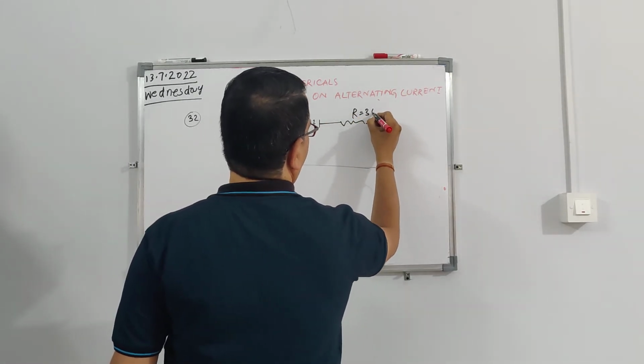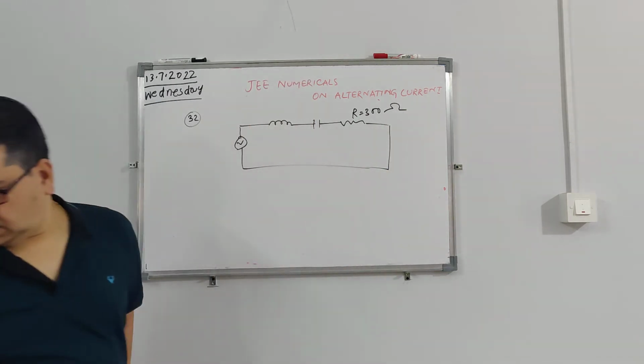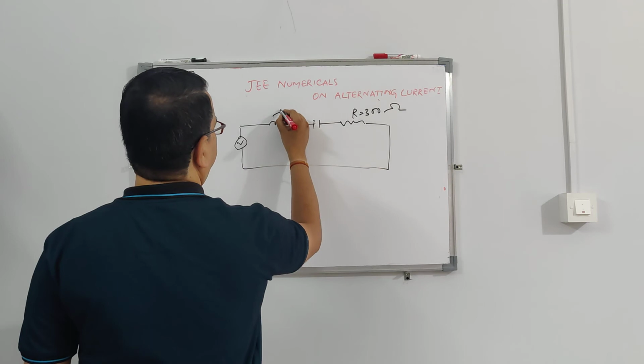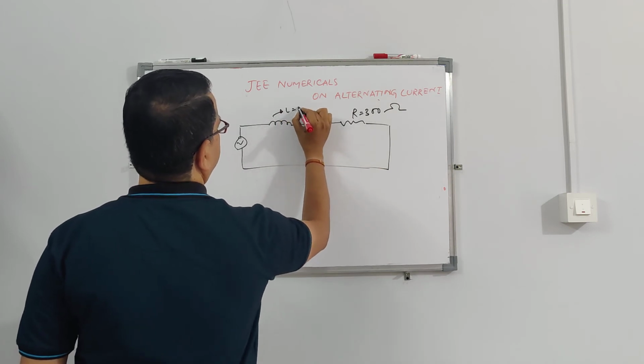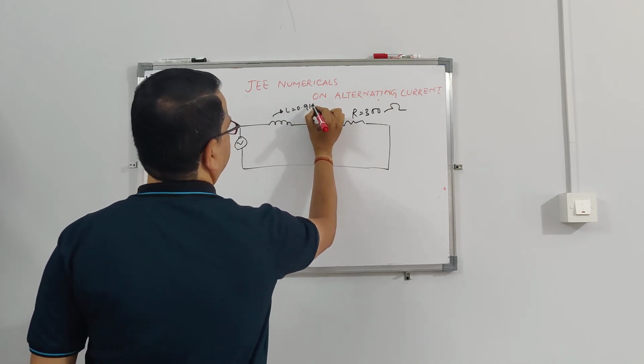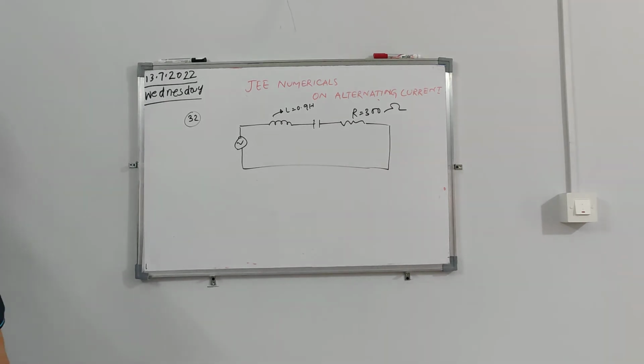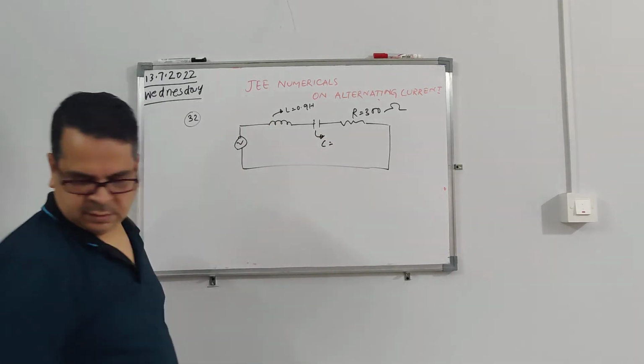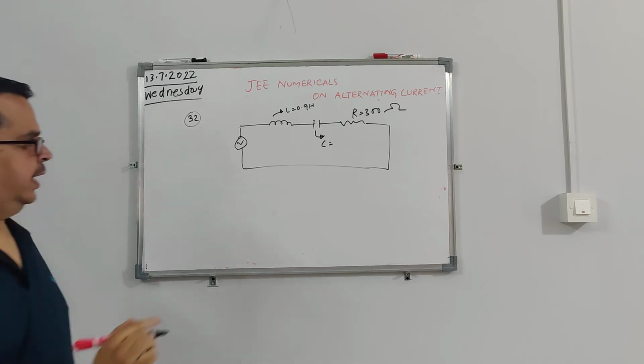In the series LRC circuit, R is equal to 300 ohm, L is equal to 0.9 Henry, and capacitance is equal to 2 microfarad.